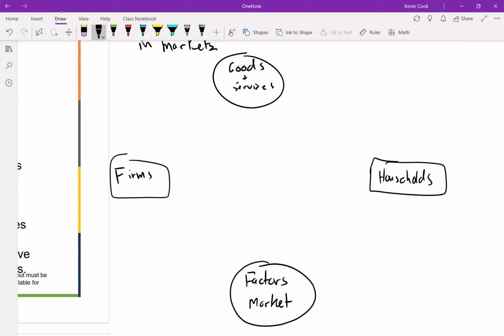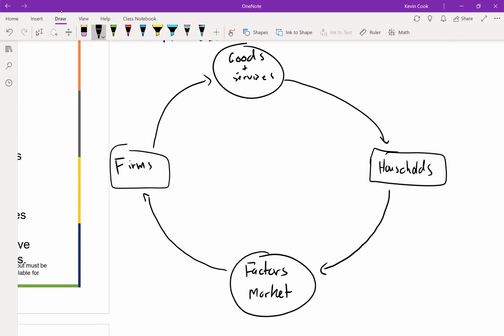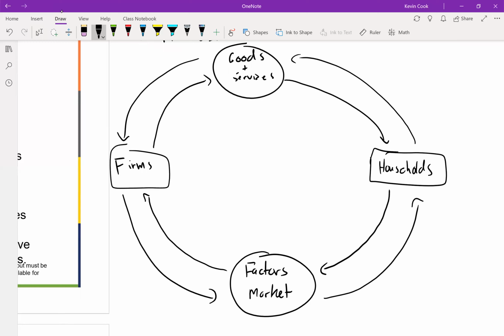For the most part, we're going to think of it as a goods market and a labor market, because I think we're all familiar with labor and how that works. We're going to have two circles going around, one going clockwise and the other counterclockwise. What we're going to look at is what flows between the different players in their respective markets.